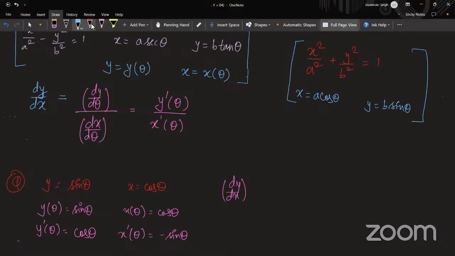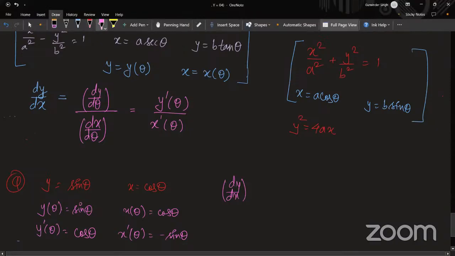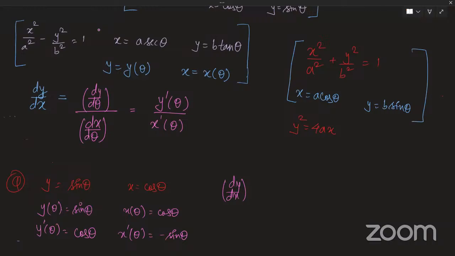Great. So let us do your parabola also. So you've got y square is equal to 4ax, something like this. Can you represent this thing? No, not in terms of theta, but you generally write it in t, yes sir.